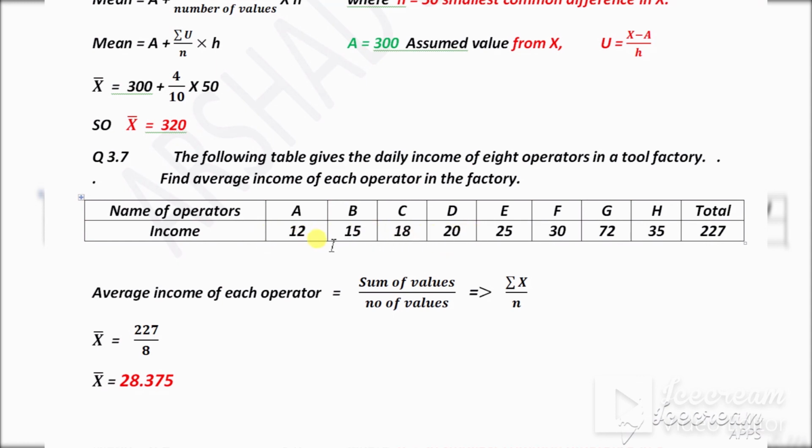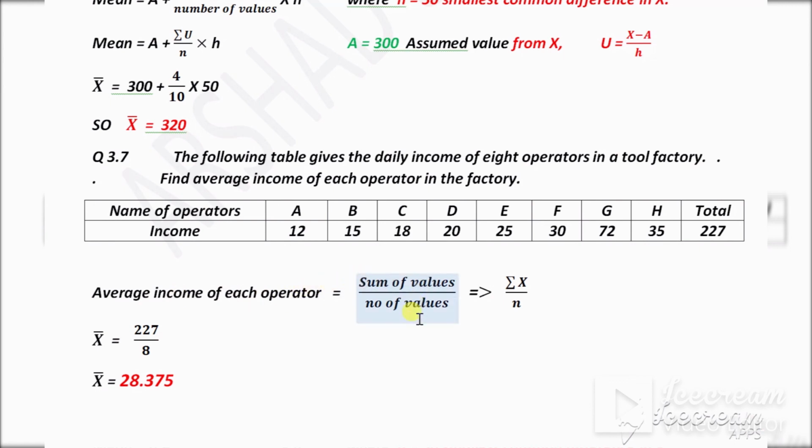This is ungrouped data. Why ungrouped data? Each number is given individually, without frequency. Although the numbers are given in a table, they are individual numbers without frequency. So find the average income of each operator, the mean of the operators.